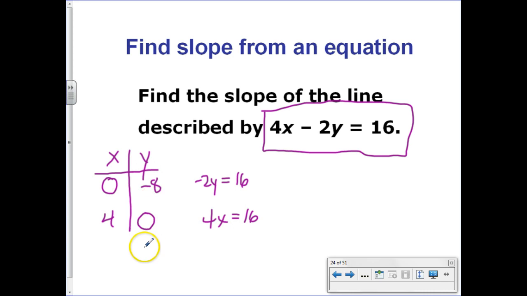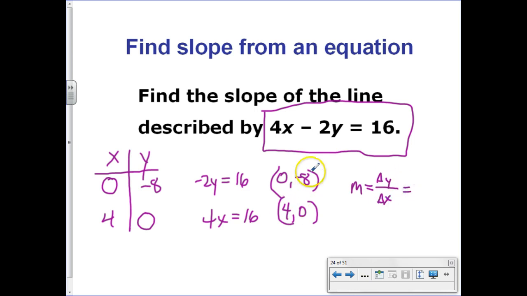Now you have 2 points. Now you can figure out your slope because you've got 2 points. So I have 0, -8, and I have 4, 0. Here we go. Slope is always the change in the y values over the change in the x values. So you can take -8 minus 0, or if you want to go the other way, go 0 minus -8.